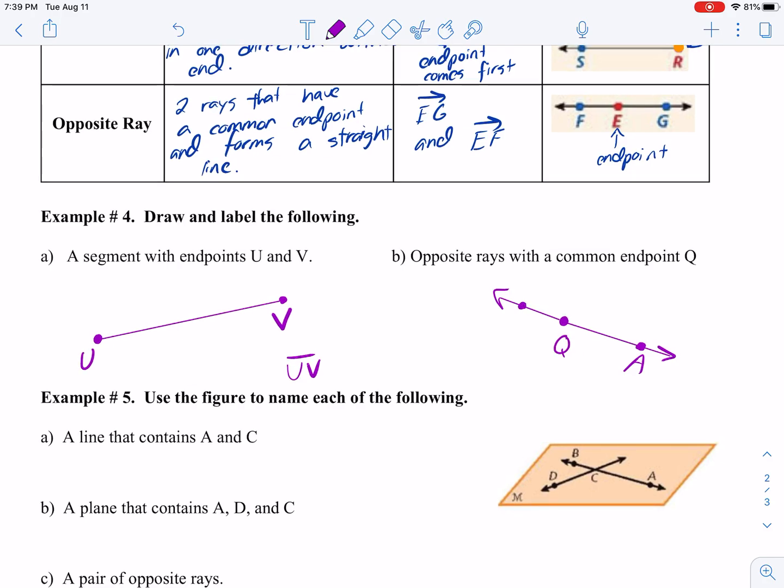QA and QR. That's still not perfectly straight. Let's try again. There we go. R. So that would be QA and QR.